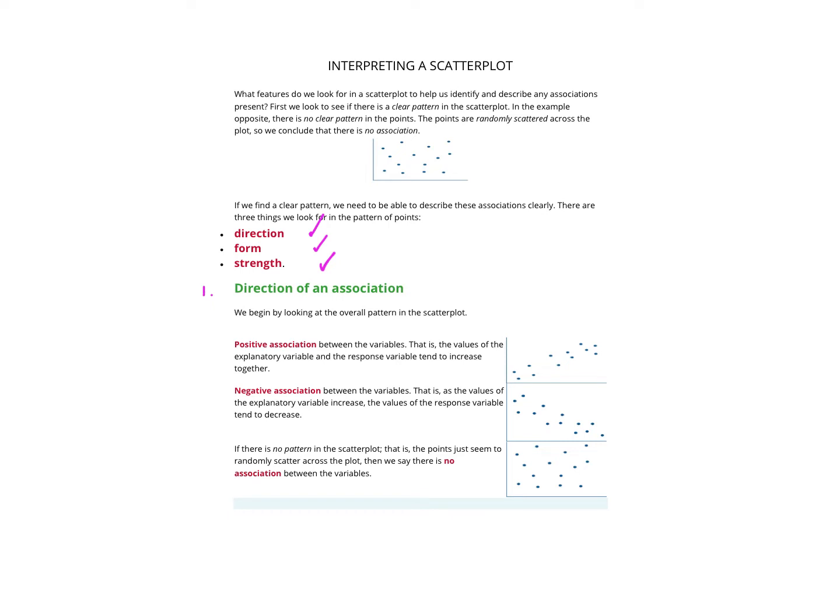Now, association may be a word that you haven't come across before, but association is just another word for relationship. So we're talking about the relationship between those dots in the scatter plot. And if you're looking at this first one here, we're talking about a positive association.